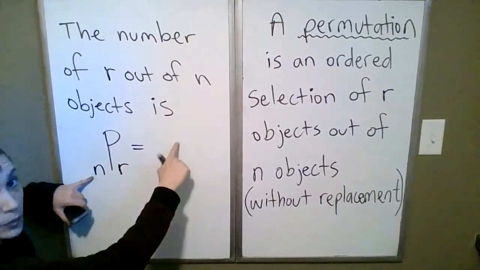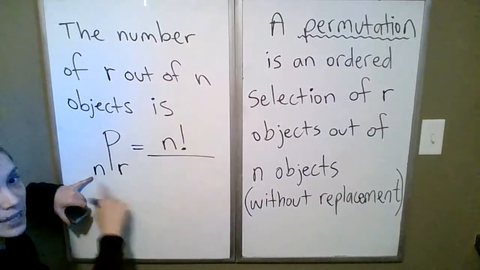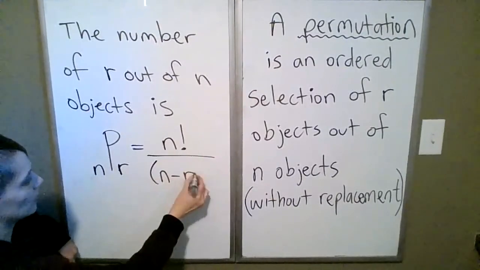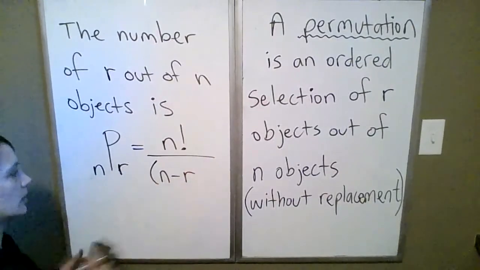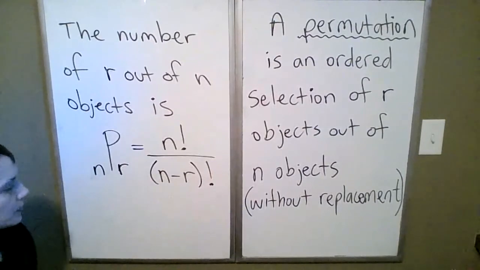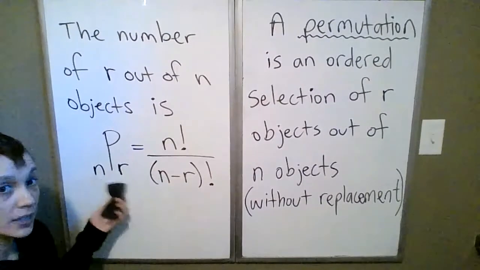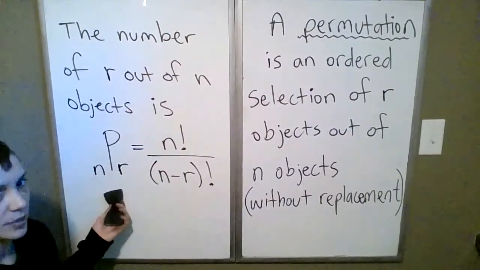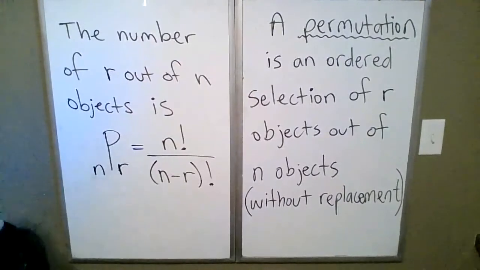We put n factorial in the top, and then divide by n minus r factorial. So first I want to get used to this notation, and later we'll do examples of needing to use permutations.